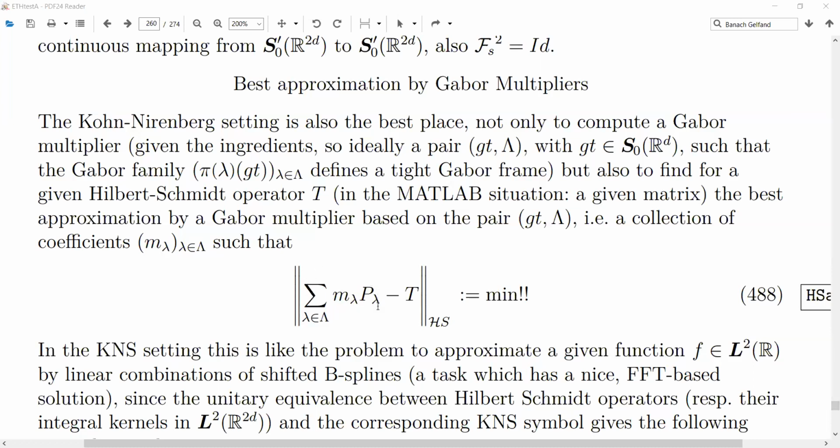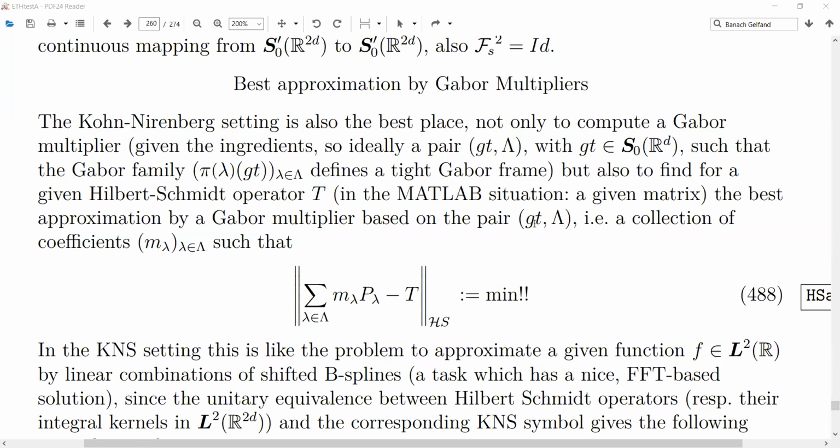You hope to get back the identity operator, and that's why I'm suggesting you should take a tight Gabor atom. So we were showing you that S to the -1/2, the inverse square root, or the square root of the inverse of the frame operator, both are possible. So you could say I have to diagonalize this frame matrix. It's positive definite.